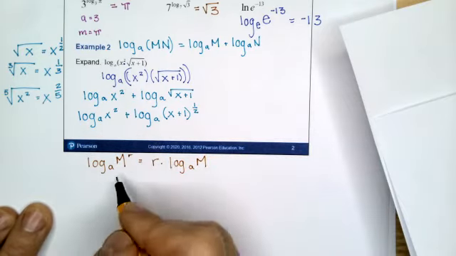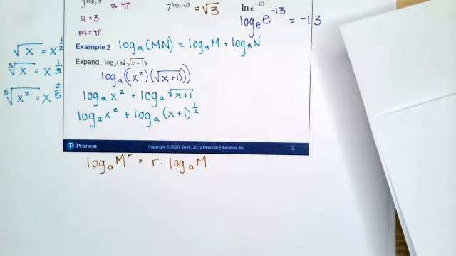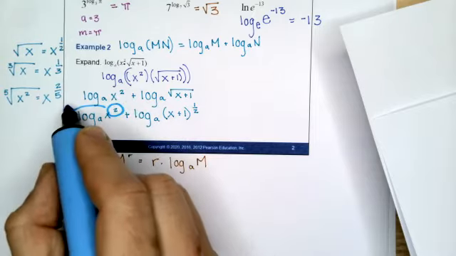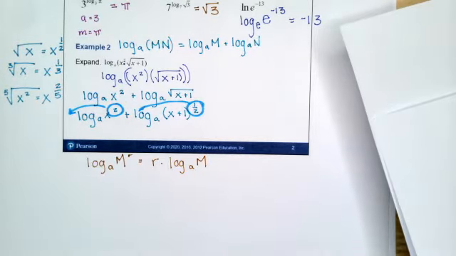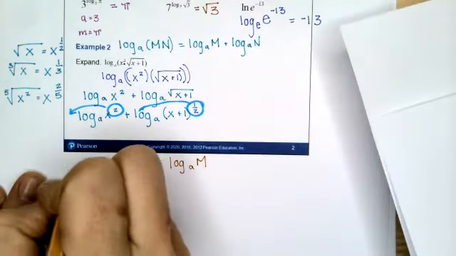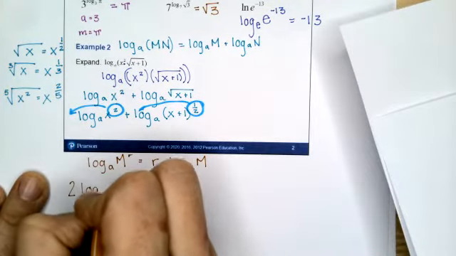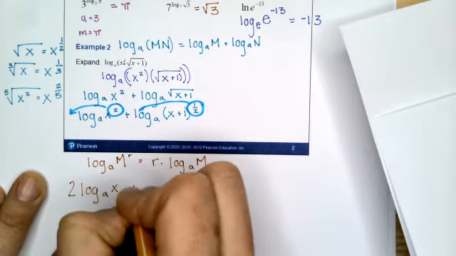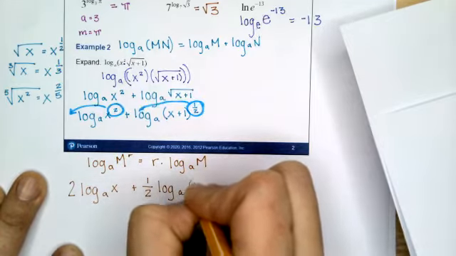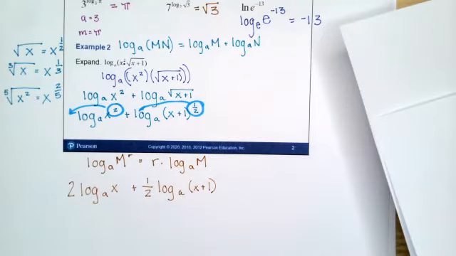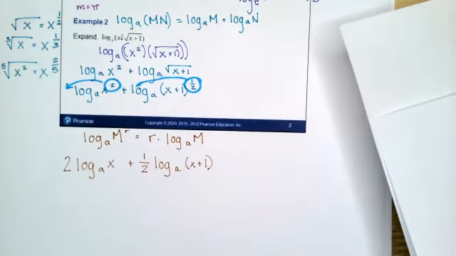I'm going to apply it to this one and to this one. So this one, my r is 2. This one, my r is 1/2. They each go in front of the log. So we have 2 log base a of x plus 1/2 times log base a of x plus 1. So that would be how you would expand a logarithmic expression.